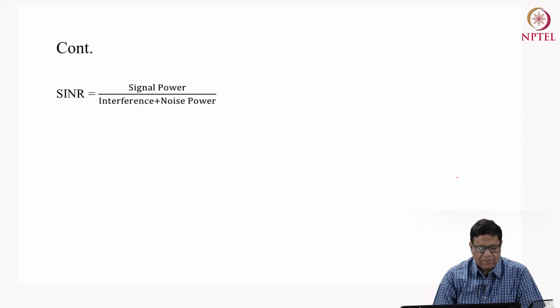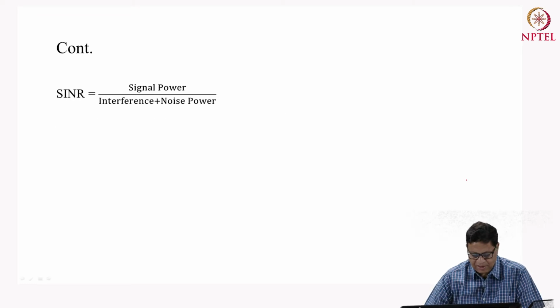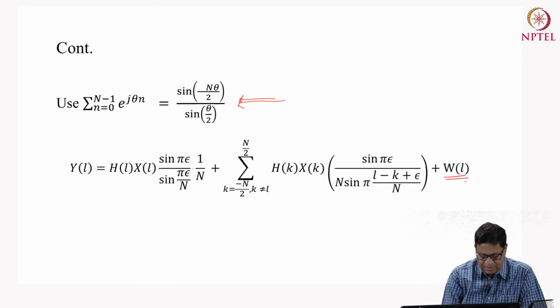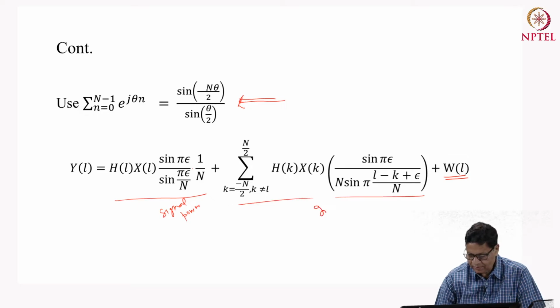Now, in order to calculate the signal to interference noise ratio, we need to calculate the signal power. In the last equation, this is the desired signal or signal power, this is the interference part, and this is the noise part.